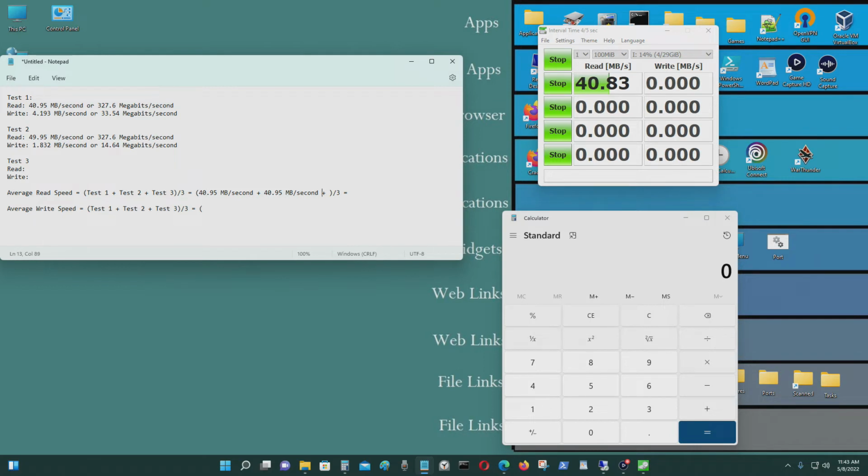This time a little bit faster. Well, actually slower. Okay. This time I got faster write speed. It's fairly inconsistent.